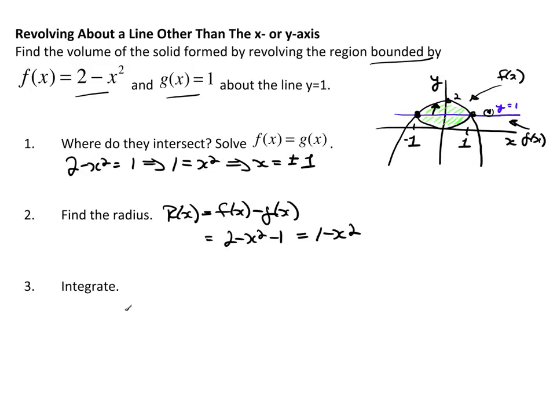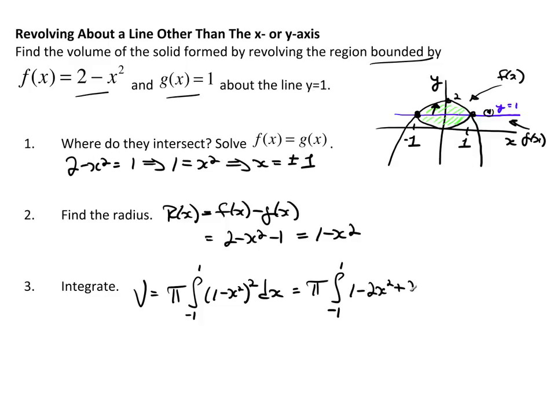So now I just simply need to integrate. So my volume is going to be equal to pi times the integral from negative 1 to 1 of the radius squared. So that's going to be 1 minus x squared squared dx, which is going to be pi times the integral from negative 1 to 1 of 1 minus 2x squared plus x to the fourth dx.